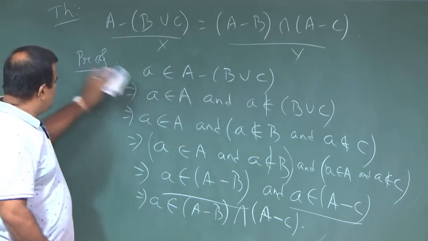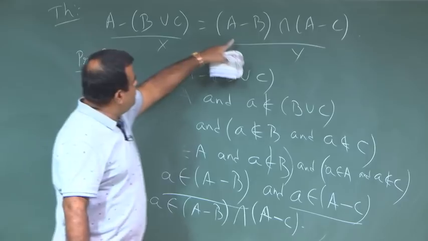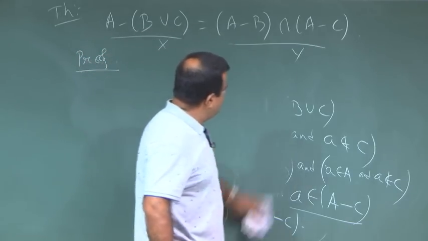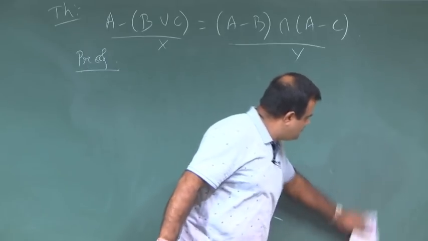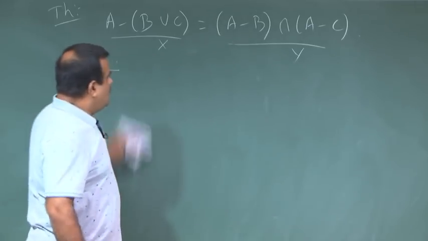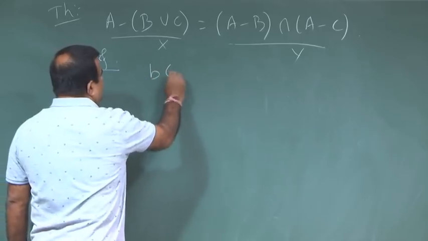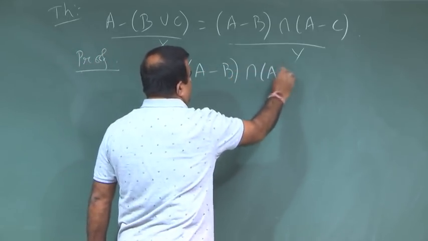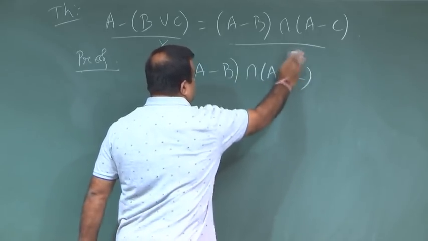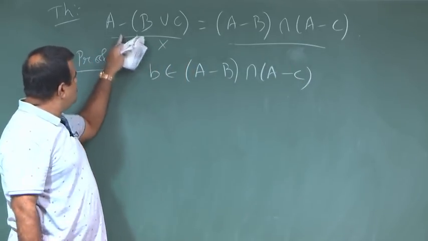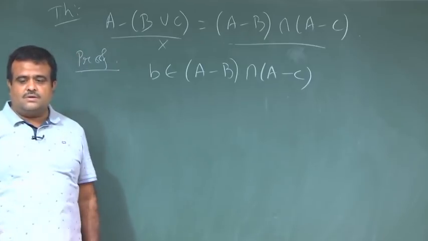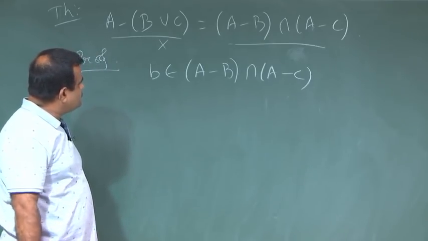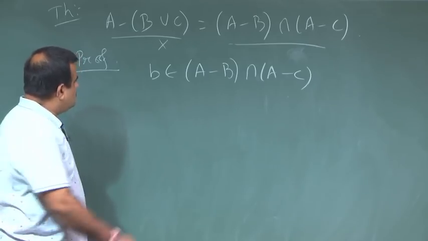Now, we have to show the other way around. We take an element from this, we have to show this is an element of this. Let us just try that quickly. So, let us take an element from this set. Now, we need to show this is an element of this set. So, how to proceed? Yeah, so let us try that.